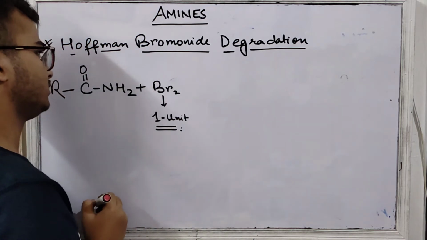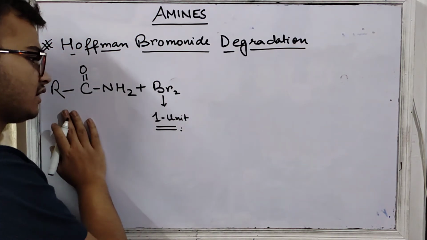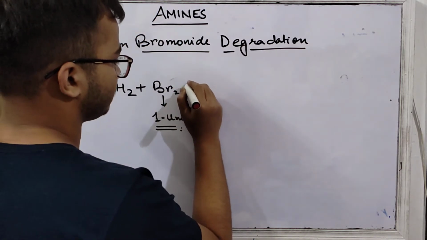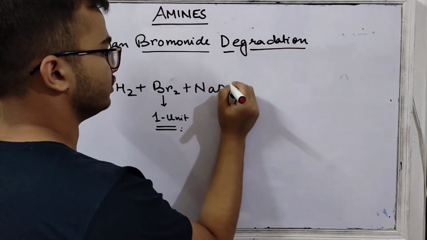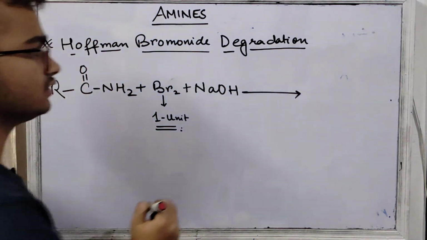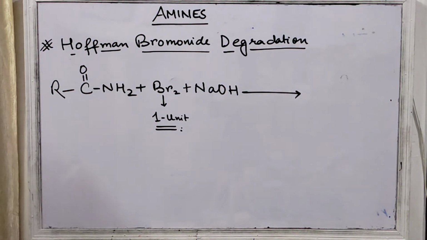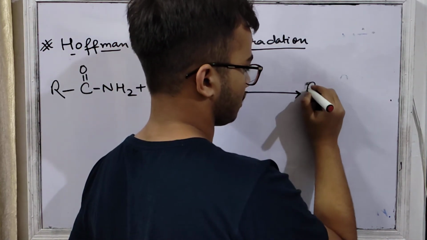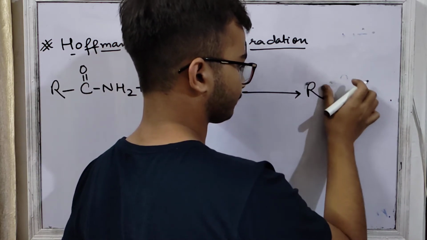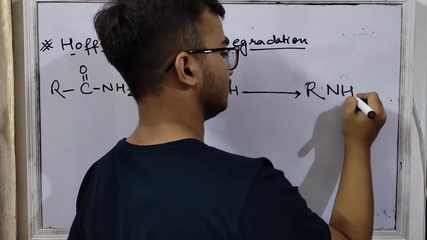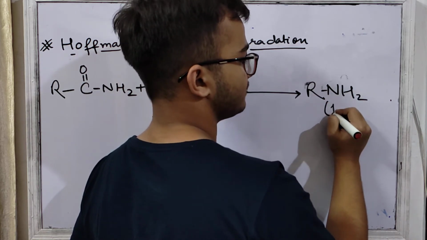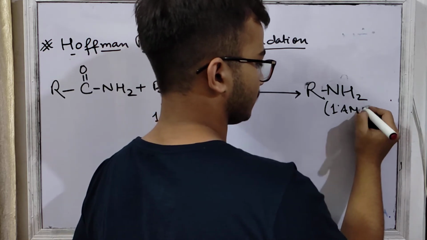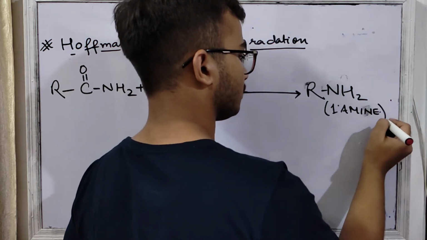This is a very important thing. So RCONH2, Br2, and then you are taking a base, which is NaOH. And as a result, the thing you are getting here is RNH2, which is the primary amine. Okay, done.